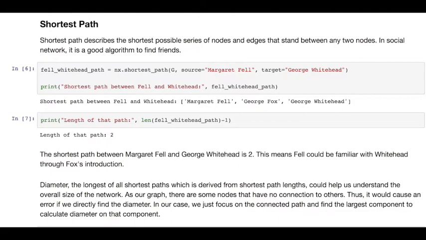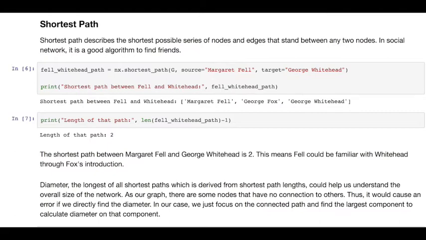Like in our case, if one person wants to know another person, how many introductions does he need to get to know another person? So here it is 2. It means he could know the destination, the person he wants to know, just by the introduction of one person.